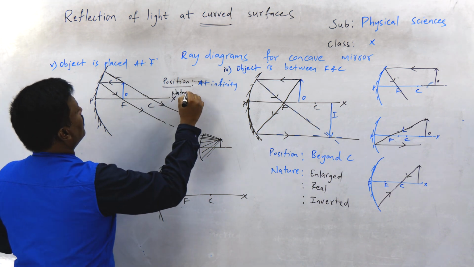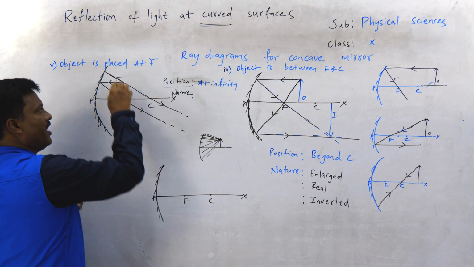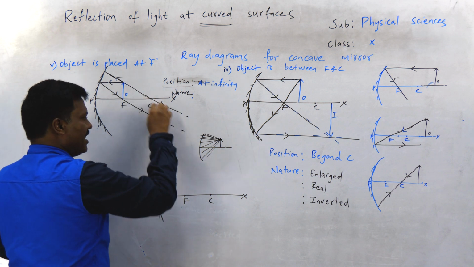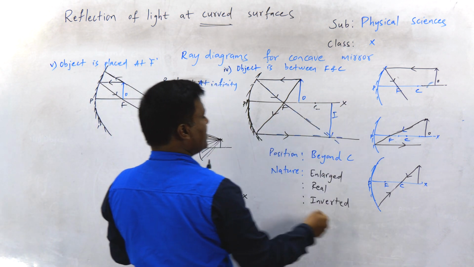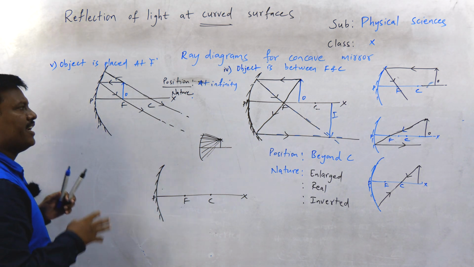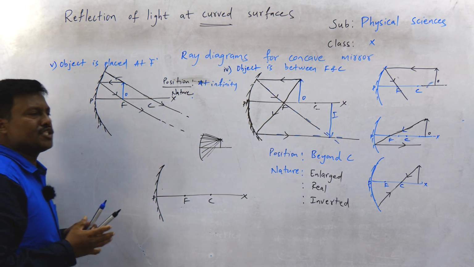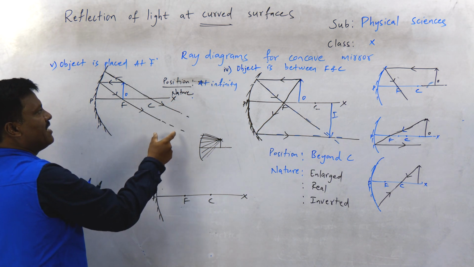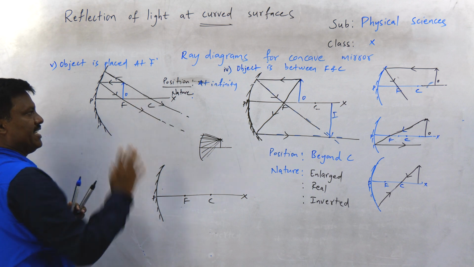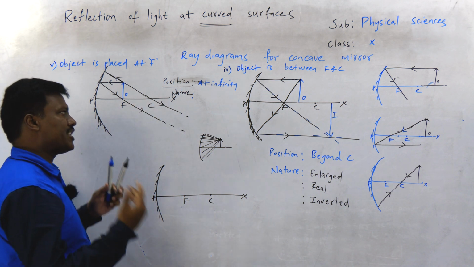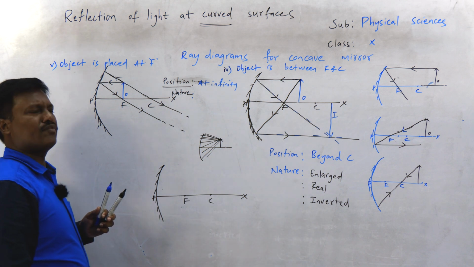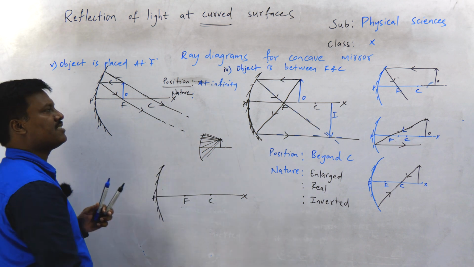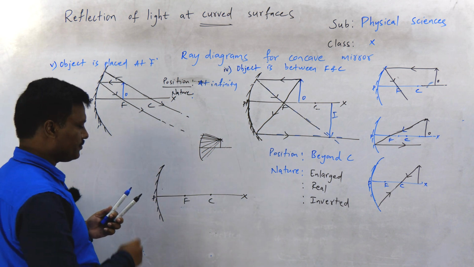The nature of the image is highly enlarged. If you draw the principal axis, you see a highly enlarged image is formed. Okay, but in our academic textbooks, we don't have any characteristics especially regarding this case. In some textbooks it says the image forms at a long distance, that is why the image is highly enlarged.